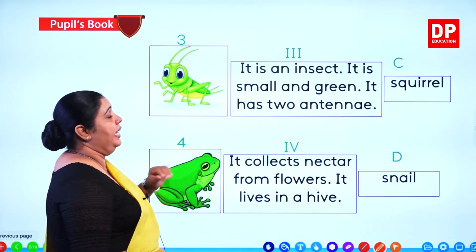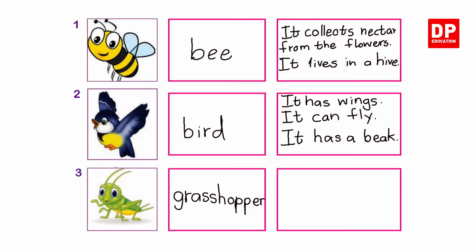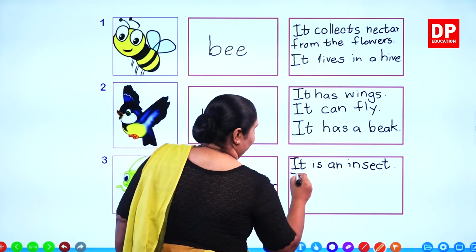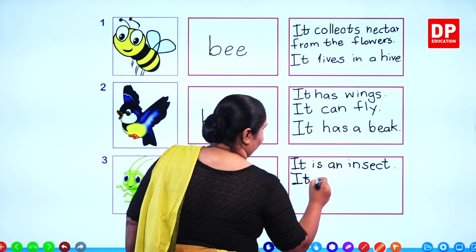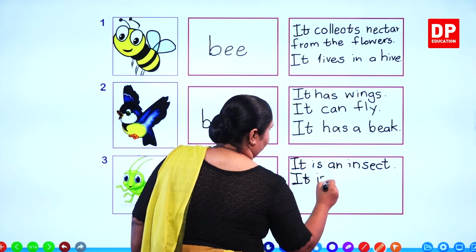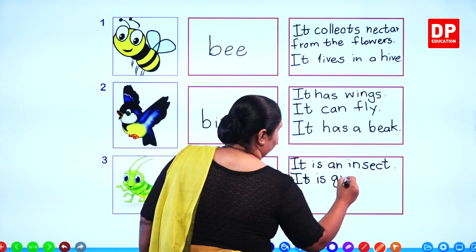It is an insect. Now let's write the description. It is an insect. An insect. Because letter I is a vowel letter, you have to say an insect. It is an insect. It is green and small.